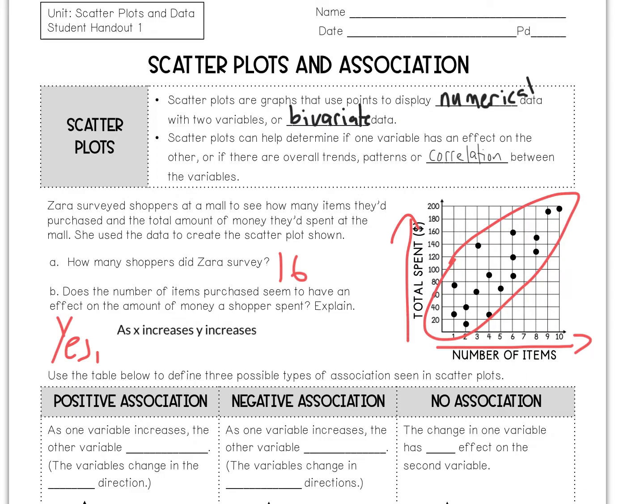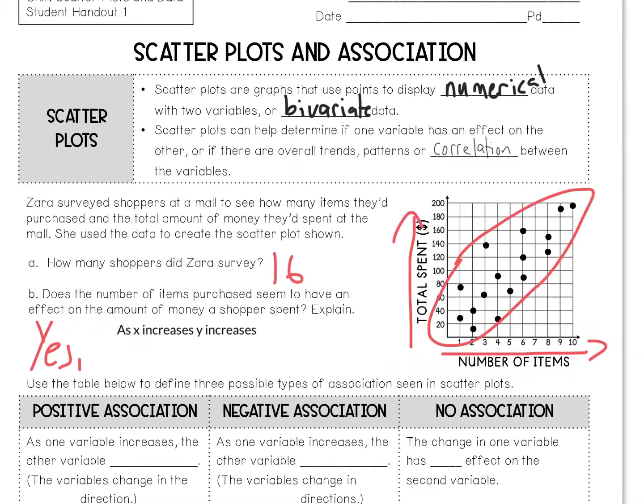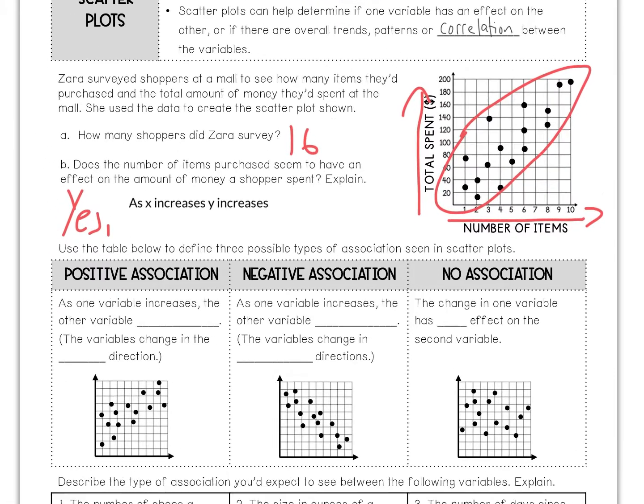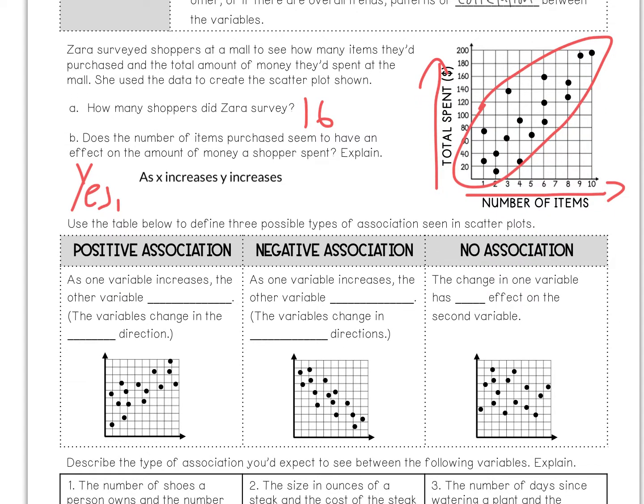So this correlation, if you were guessing, would you think that would be positive, negative, or no association for that one that we just looked at? Positive, because you can see that it matches this piece down here, right?